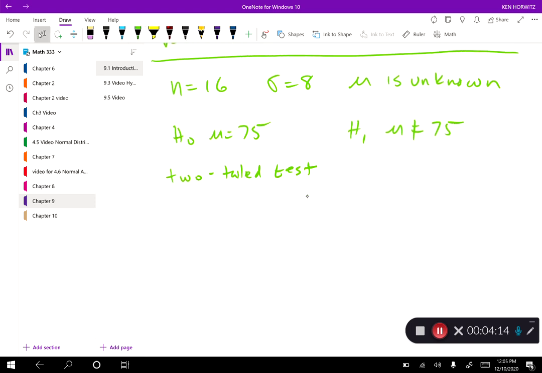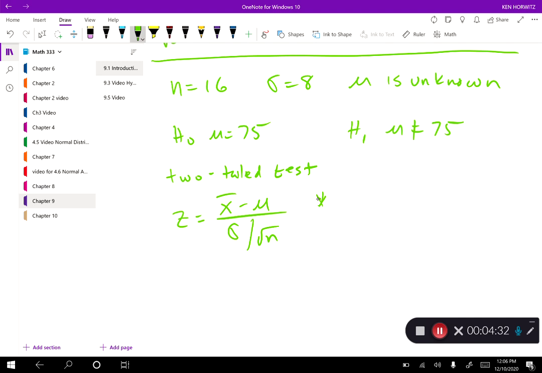Since we have the standard deviation of the population known, our z formula is x bar minus mu over sigma divided by the square root of n.